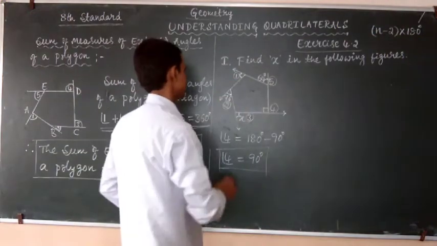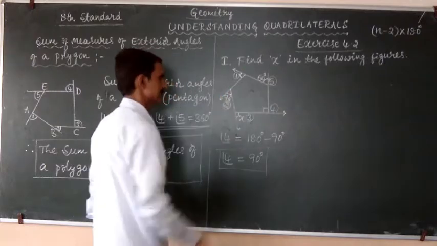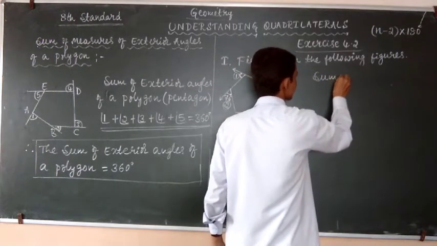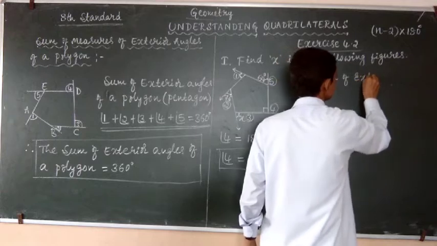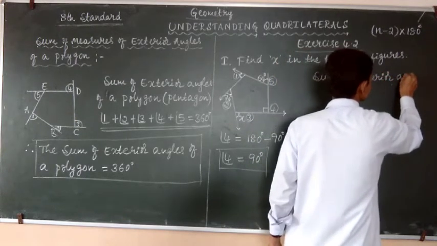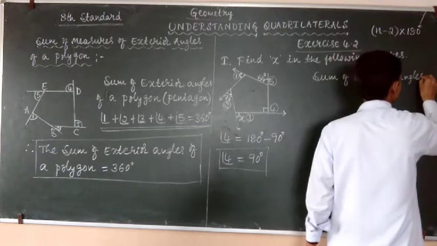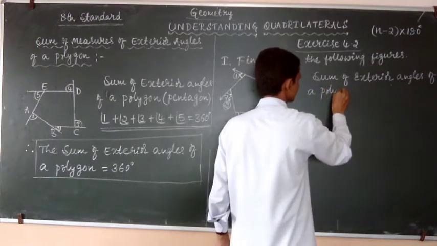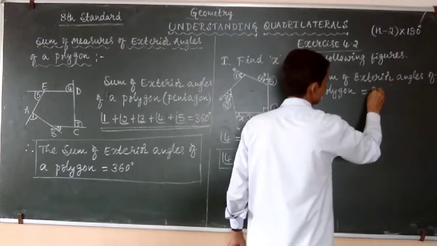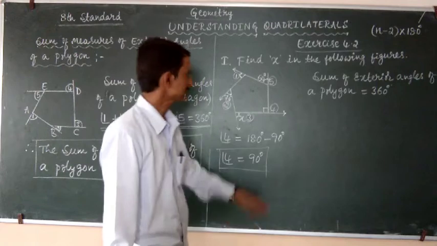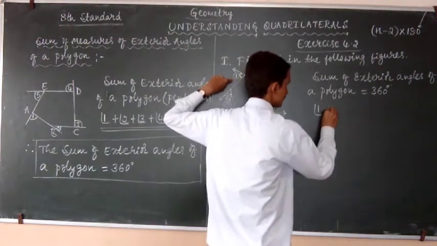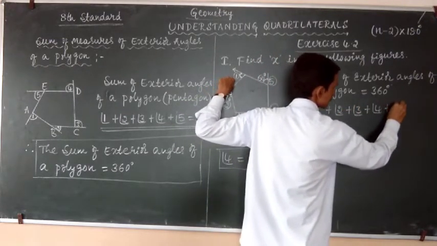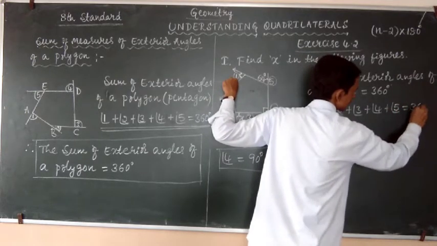Now we know that the sum of the exterior angles of a polygon is equal to 360 degrees. By using that property, we write down here: angle 1 plus 2 plus 3 plus 4 plus 5 equals 360 degrees.